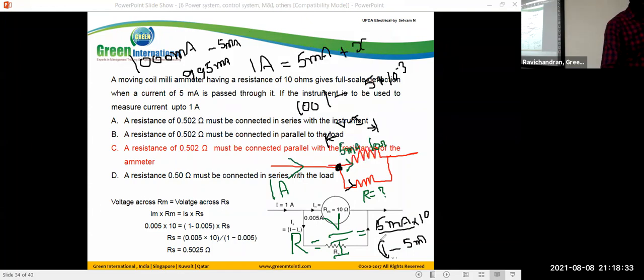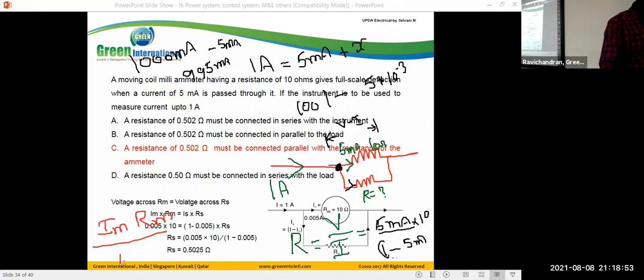Now we come to our problem. What is the 5 milliamps? It is the meter current, IM. What is the 10 ohm? It is the meter resistance, RM. Divided by, what is the 1 amp? 1 amp is the supply current we need to measure.